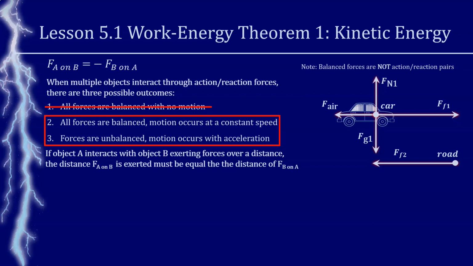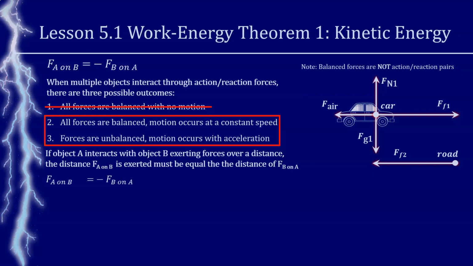It has to be the same distance that they're in contact because the car is covering the same distance along the road as the road is experiencing the distance that the car is covering. It's even hard to say it. It's just intuitively true when you think about it that the car's distance in contact with the road has to be the same as the road's stretch of distance that it was in contact with the car.